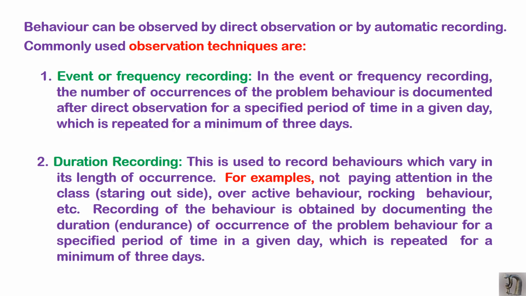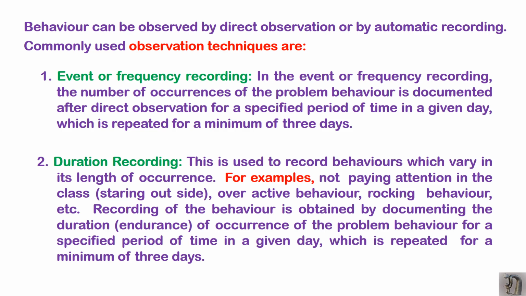Then duration recording. The name itself indicates it: frequency recording means number recording, while duration recording is used to record a behavior which varies in the length of occurrence. For example, not paying attention in class, staring outside, overactive behavior, or rocking behavior. What is the length?